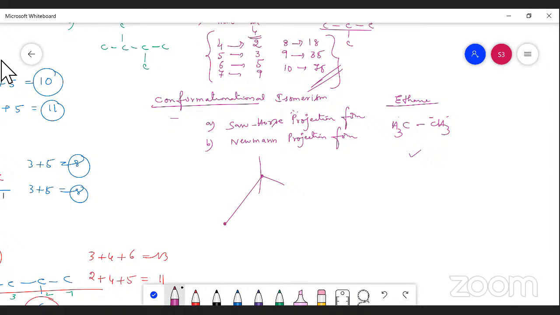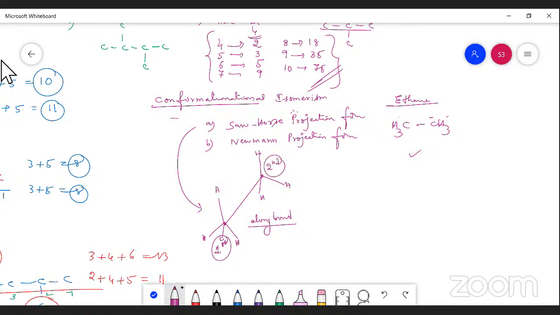So this is CH3, and similarly this also has 3 hydrogens. This representation we call the Sawhorse. When we see the molecule along the bond, this is the front carbon, the first carbon, and this is the second carbon. Likewise we represent. This is the Sawhorse projection form.